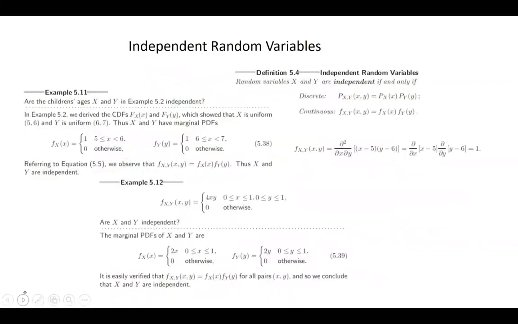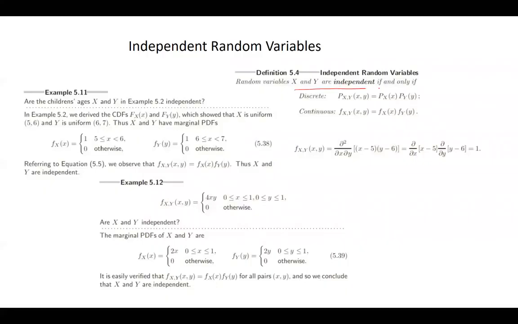Independent random variables. Once you know how to play with joint PDF, joint PMF, marginal PDF, marginal PMF, you can easily understand how or under which conditions two random variables are independent.